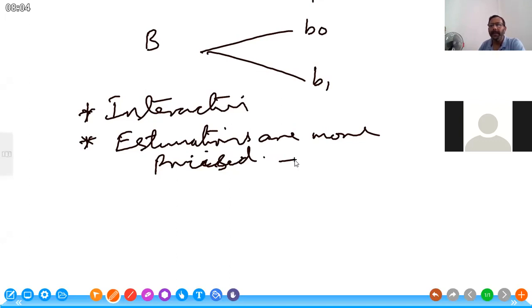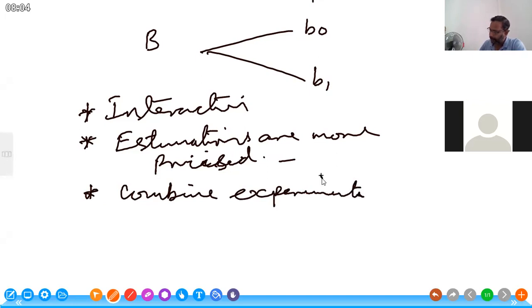So due to this, people prefer it, and also we can combine experiments. That doesn't mean we can combine all kinds of experiments. As I pointed out yesterday, we can combine some of the experiments. We are trying 2 weed doses with the same varieties, 2 varieties, V1, V2.